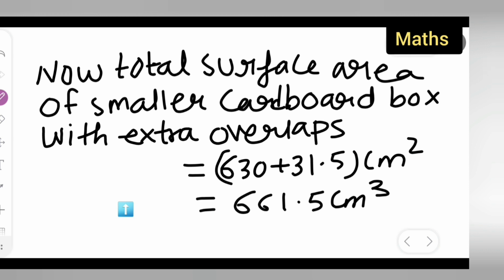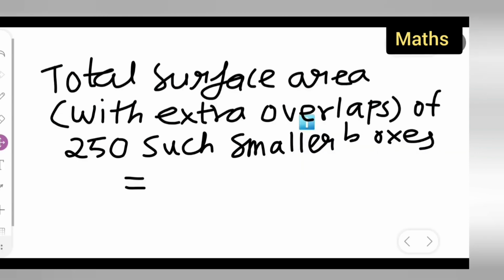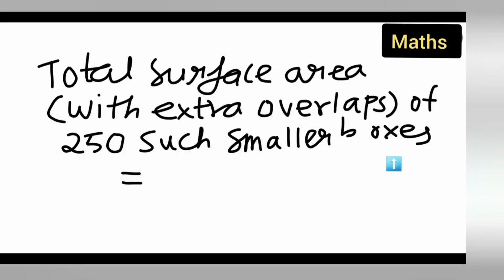Now let us find a total surface area with extra overlap. So now it is total surface area with extra overlap of 250 such small boxes. Okay, so let us see this for smaller boxes, right? Write down these boxes properly, okay? BOXES. So for smaller boxes, it is going to be what?